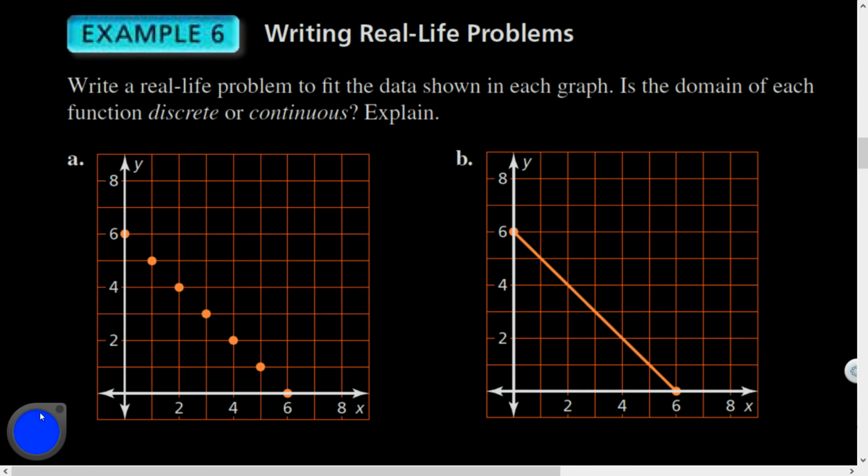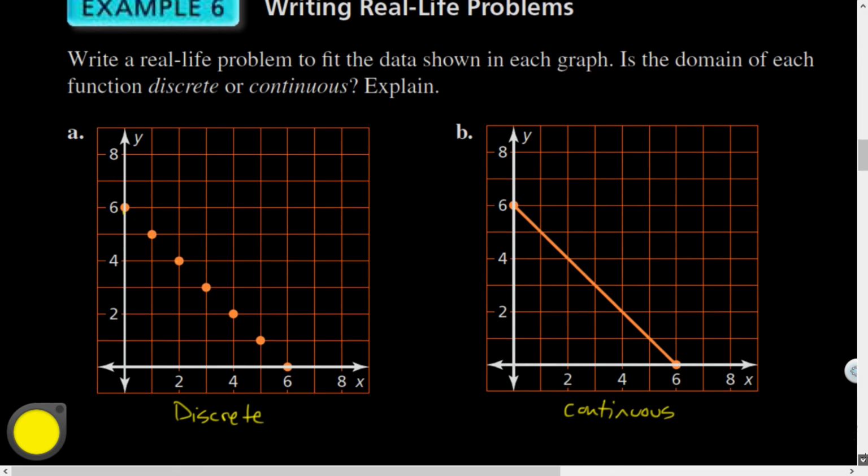Well, okay. Let's look at this one. This one is discrete because it's got points. They're not connected. And this one over here is continuous because all of the points are connected. All right.